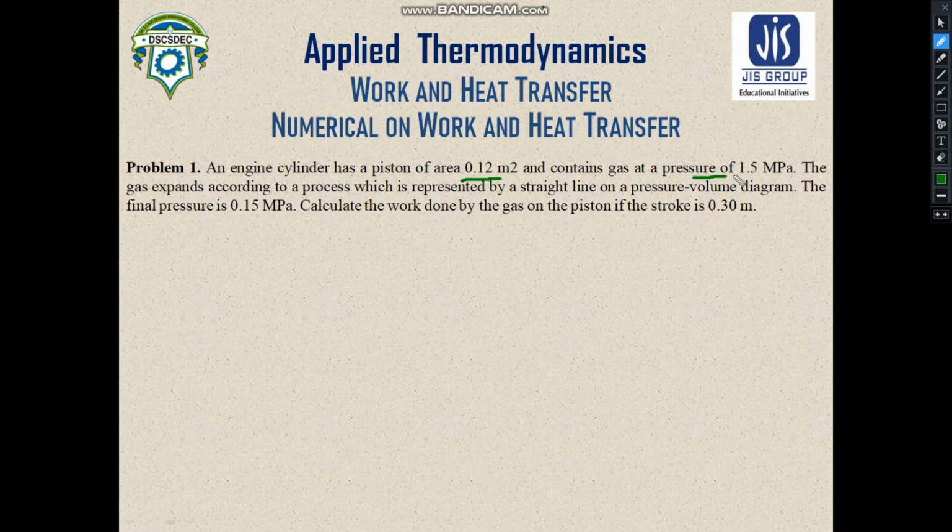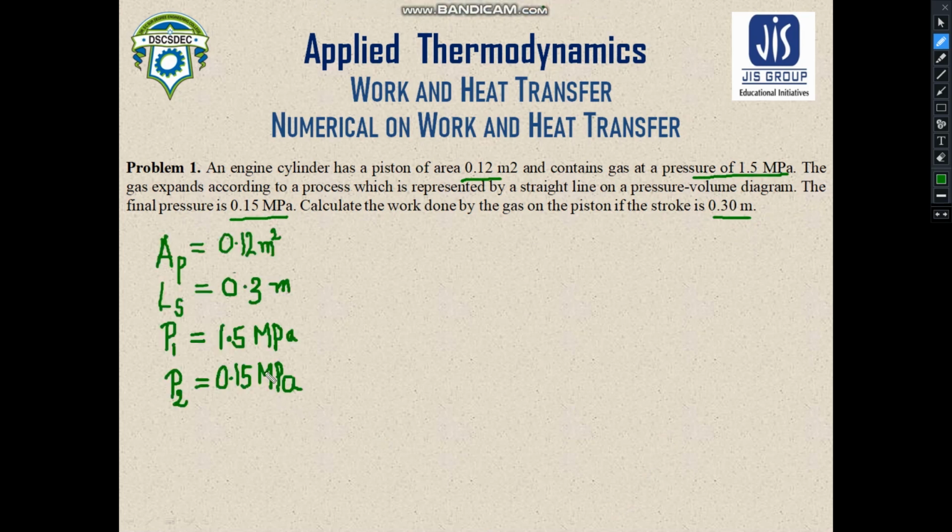Now here we can see the area of the piston is 0.12 meter square. This is the initial pressure, and after the expansion process, the final pressure is 0.15 megapascal and the stroke length is given as 0.30 meter. So let us write down the information which is available here.